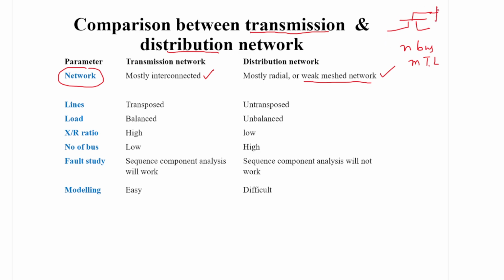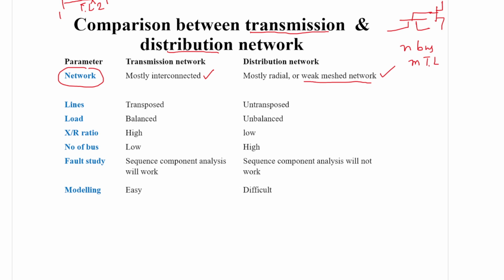From that bus again, 2 or 3 transmission lines may be emanating. In this way, any 2 buses you will find are mostly interconnected. That means, suppose from bus 1 to bus 2 you need to carry some power in this way, and by chance this transmission line is out of service, there may be some different routes.